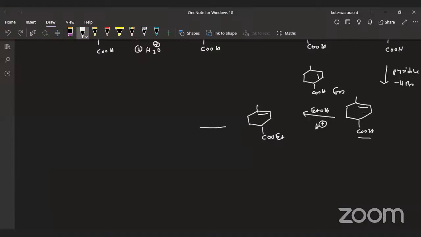Then the COOEt is treated with 2 moles of methyl magnesium bromide. That is the Grignard reagent. Then it leads to the formation of 2 methyl groups attached to this carbon, CH3. This is the product. This is the alpha terpinol product.